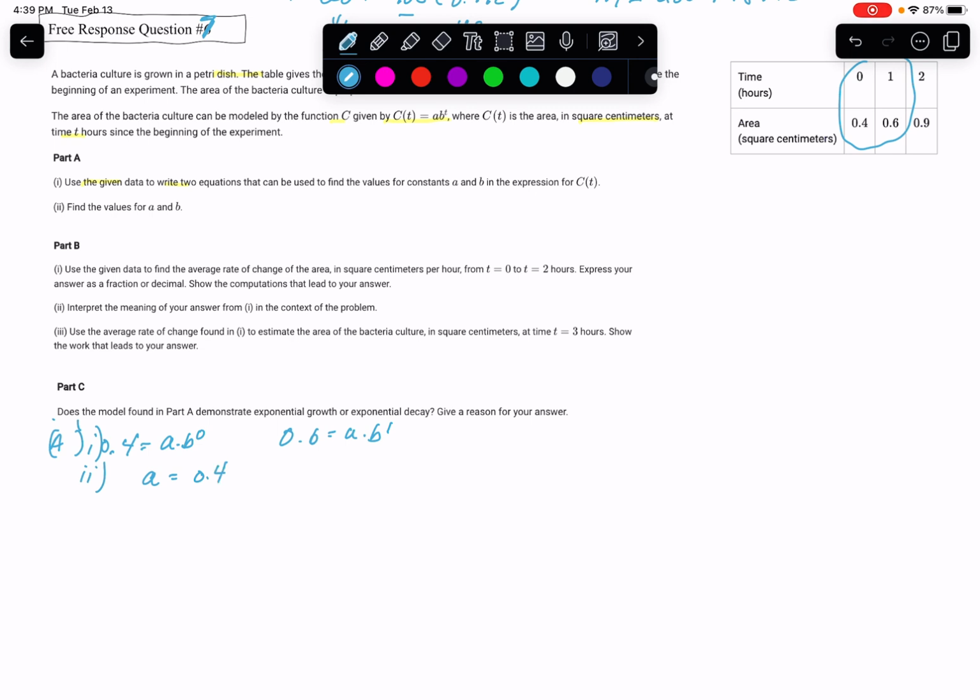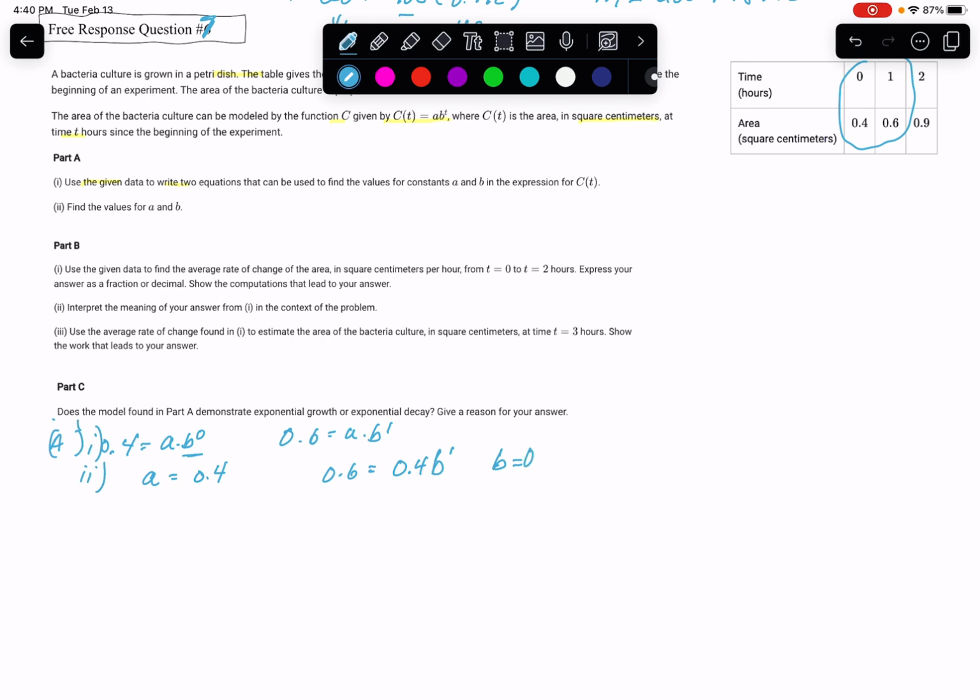0.4 because this is 1, and then to find B, we'd say 0.6 equals 0.4 times B to the 1.